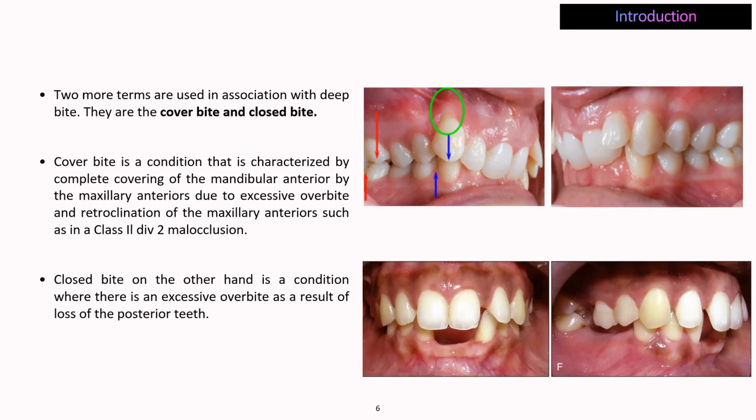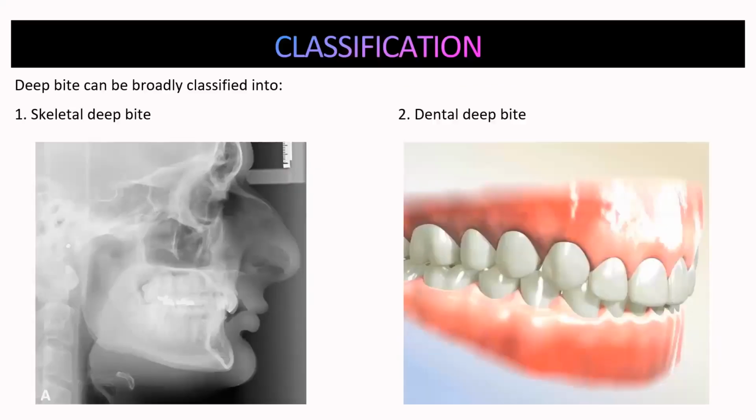There won't be any molar relation. There won't be any posterior tooth. So in that case, the bite deepens. So closed bite is the deep bite that happens due to missing posteriors, and cover bite is the deep bite that happens because of the excessive eruption of anteriors.